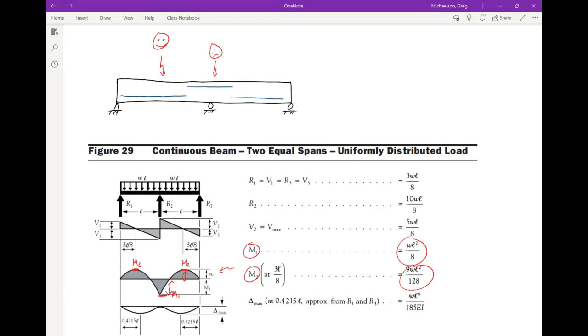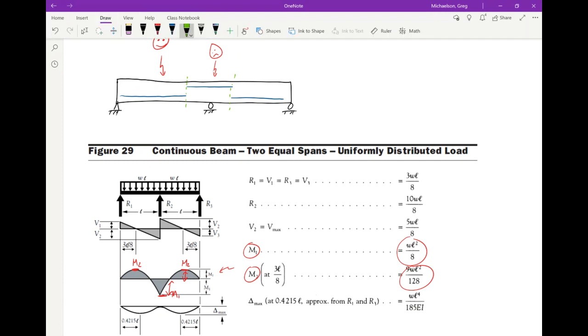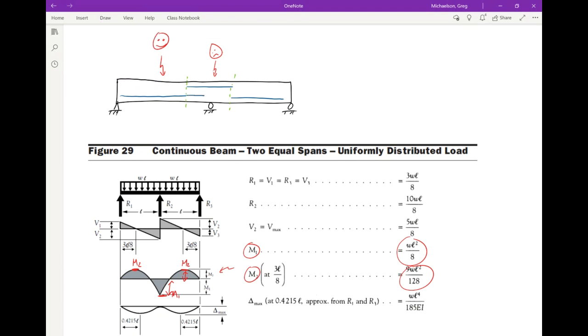So you would think the rebar pattern would look like this, but we actually do something a little bit different. Theoretically, that's where the rebar needs to stop, but that's not where we actually stop it. We actually take that rebar and extend it out a little bit further in each direction.